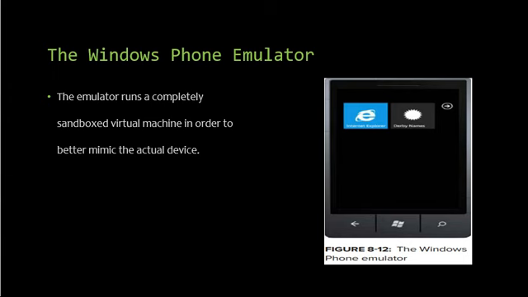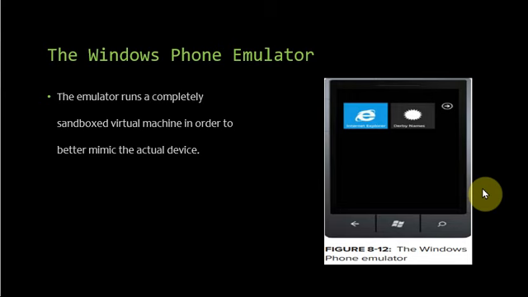So when you say emulator, what is the purpose of an emulator? You have done your application, now you want to test that application, how it will be on your actual device. For that purpose, you are using the emulator. The Windows 7 emulator is a very powerful tool.